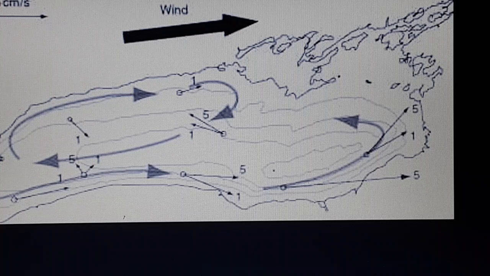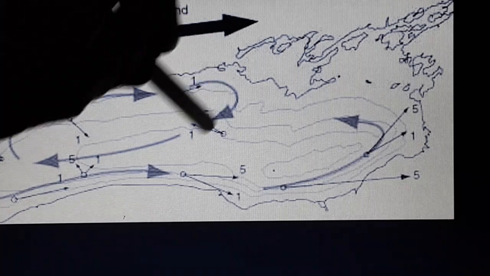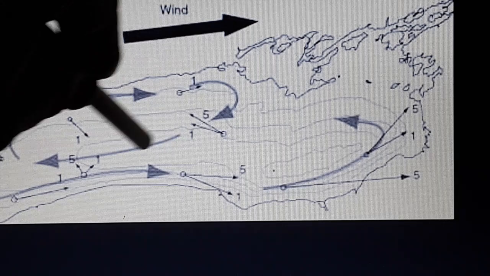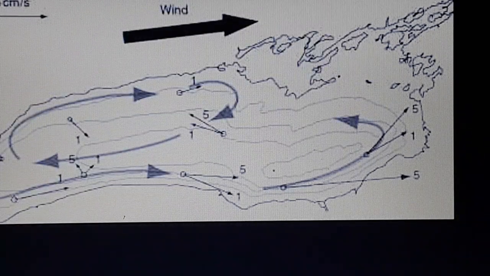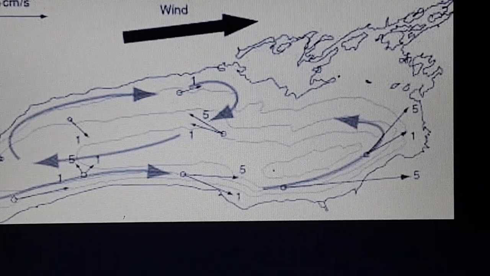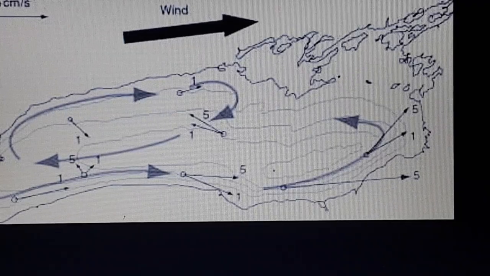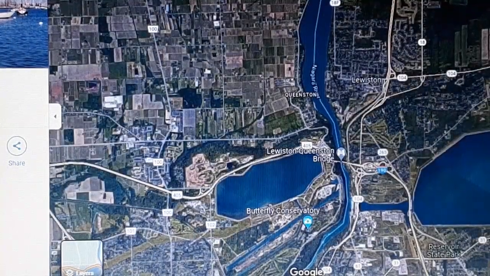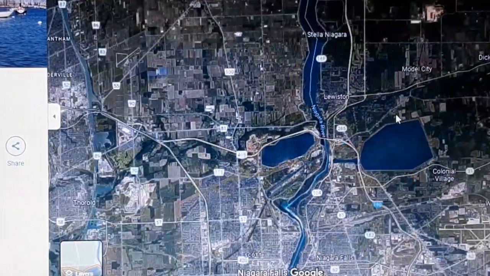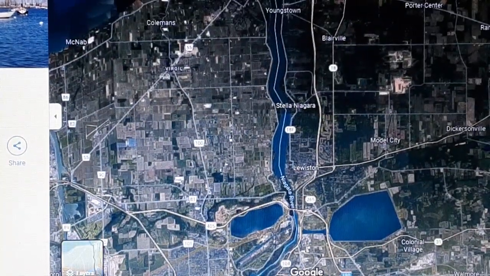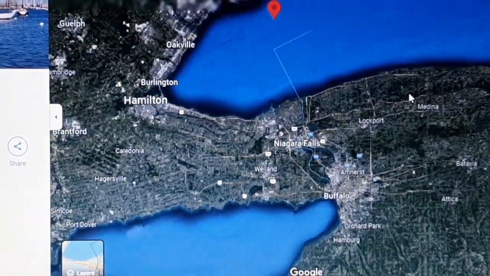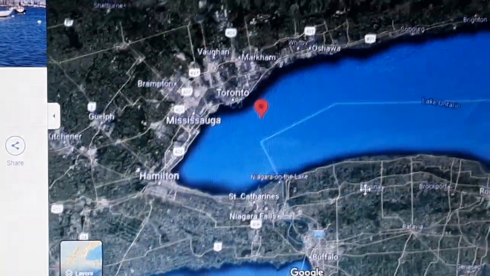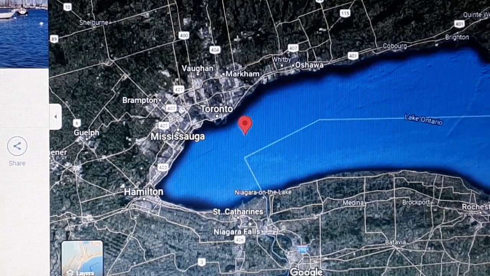So we've got this smaller clockwise circle, but there's a bigger counterclockwise current circle, drift circle, going in Lake Ontario. So let's go back now to the actual satellite map to go over some of these things. Now, as I said, the tough part of all this is we don't know what happened.